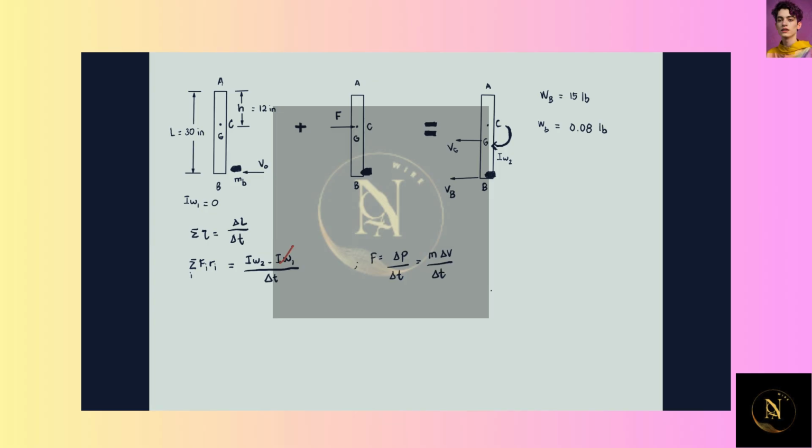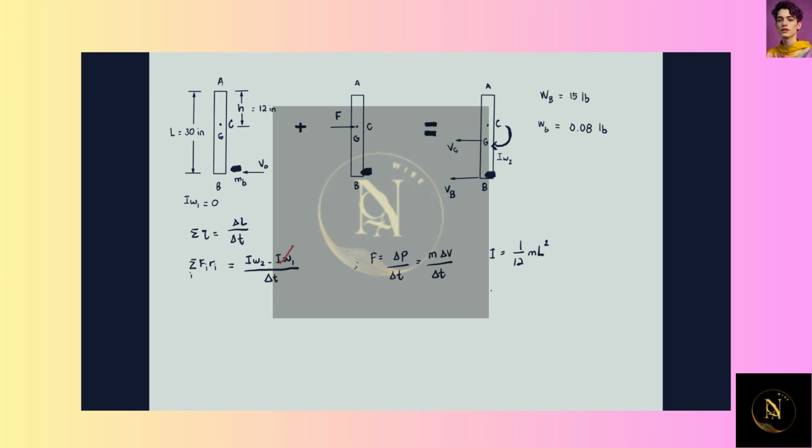As for the right-hand side, we can replace I with 1 over 12 times the mass times the length of the bar squared, since the bar is a rod and that's the moment of inertia for a rod.